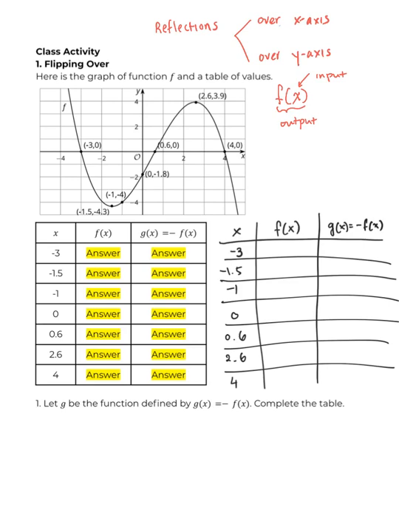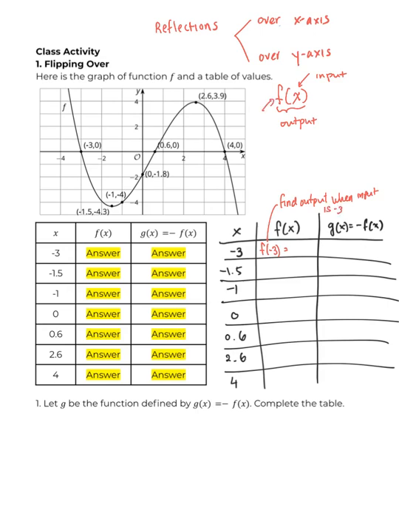If I look at the first row of the table, it says x is -3. So the input is -3, and we're looking for f of x, which is the output. Basically, we're looking for f of -3. We find the output when the input is -3.